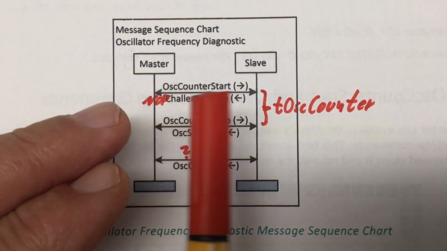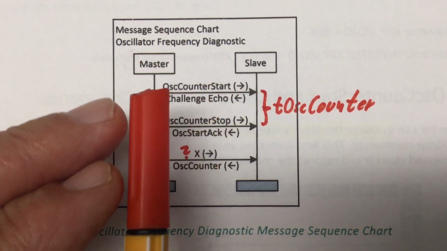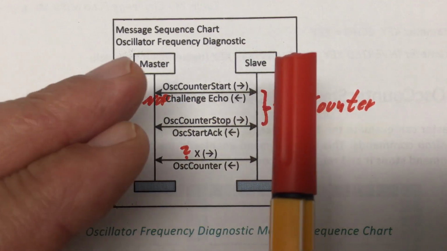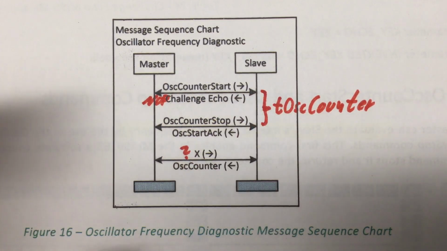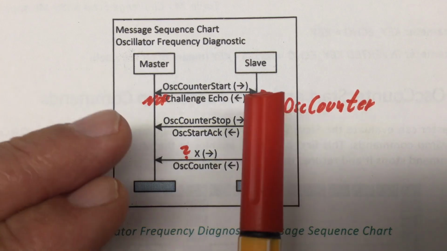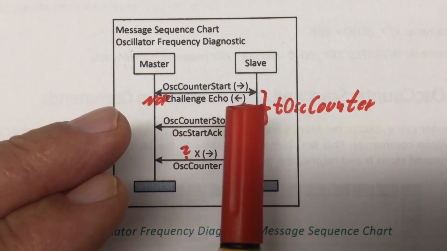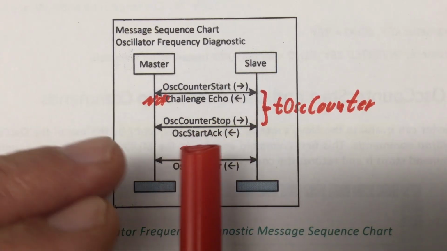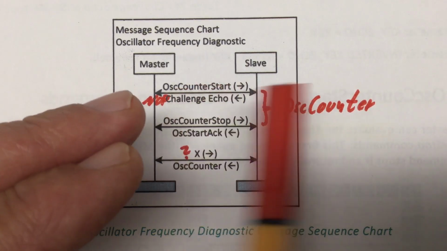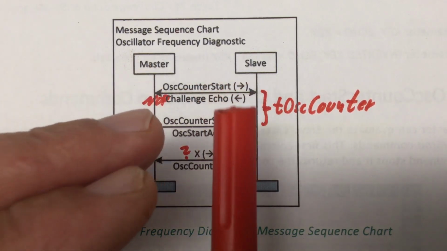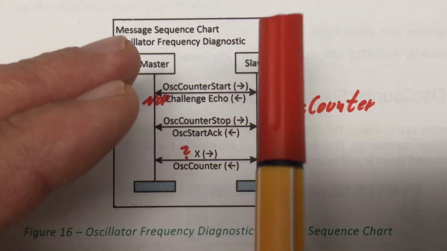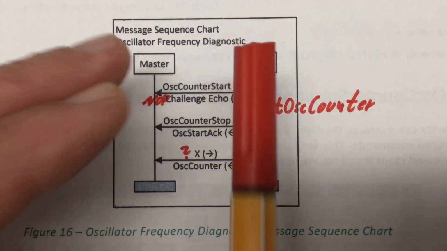So, in a first SPI transaction, the master sends over an oscillator counter start and gets as a reply, at least here in figure 16, a challenge echo, probably a knob challenge echo. It's never stated explicitly anywhere, but this also implies that the SPI transaction before was the master sending a knob message to the slave.